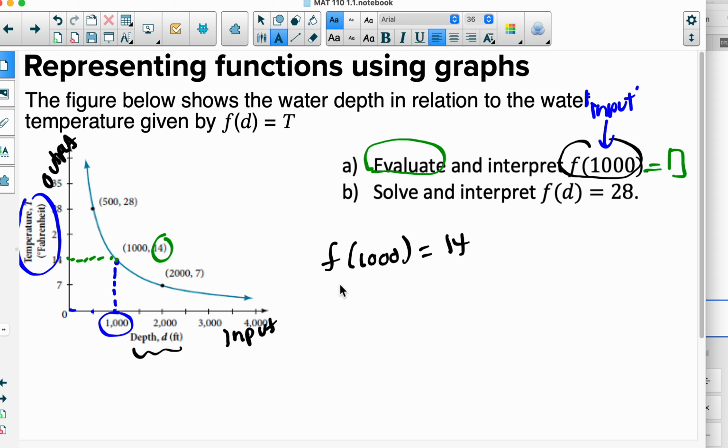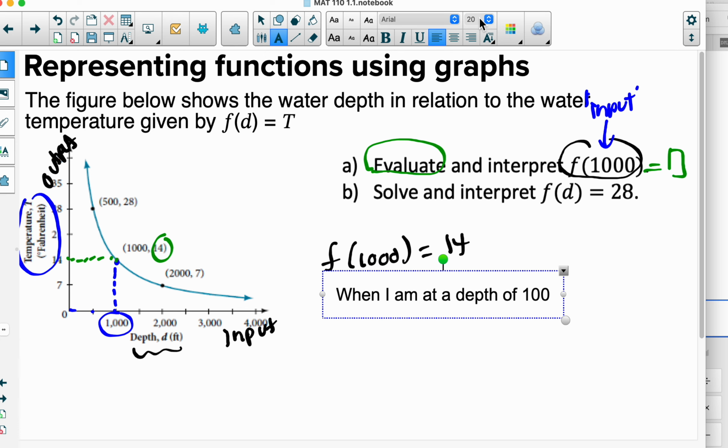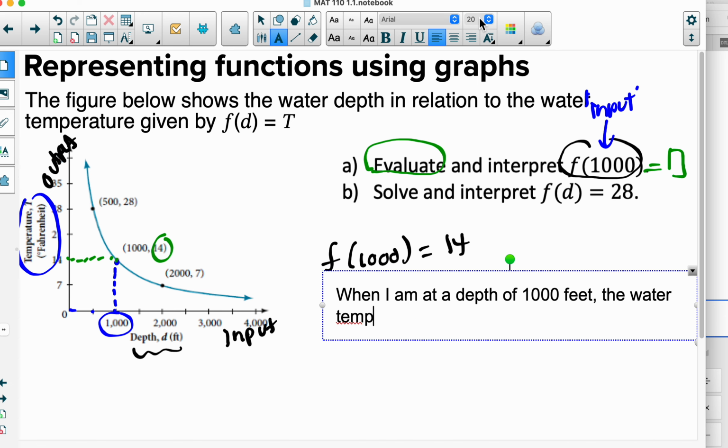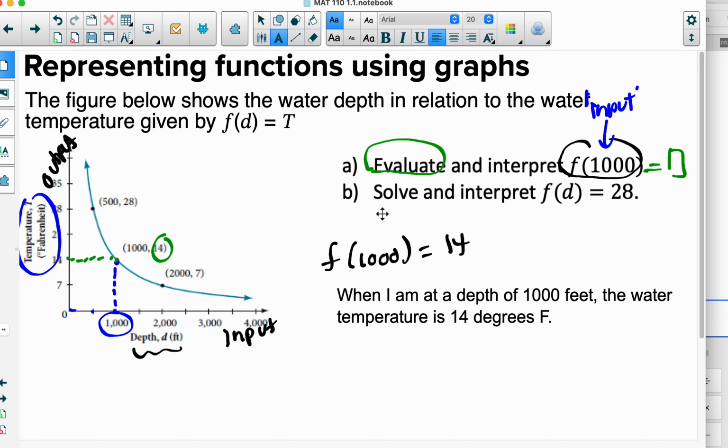And so I would translate this sentence to say, when I am at a depth of 1,000 feet, it's important to use the correct units here, the water temperature is 14 degrees Fahrenheit.